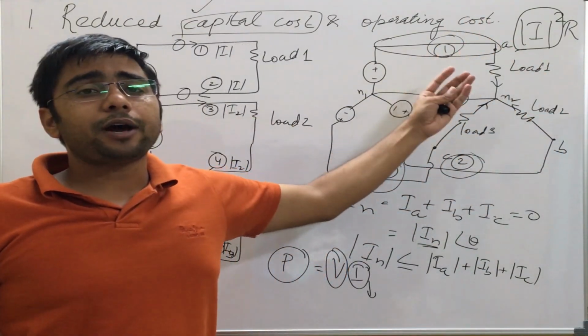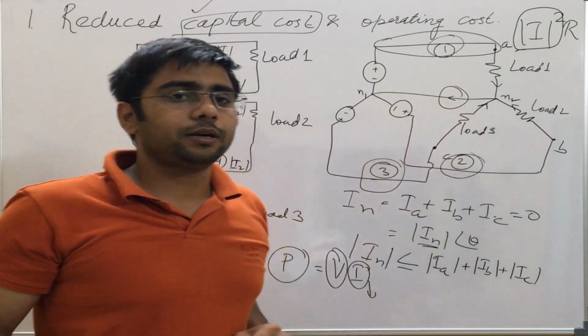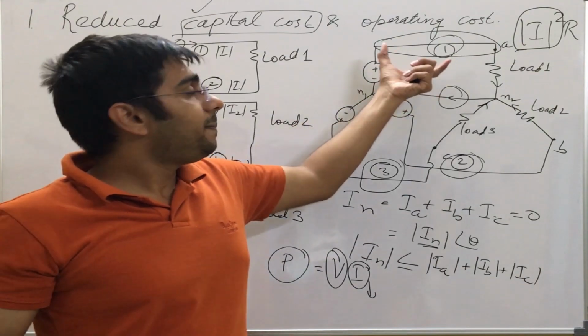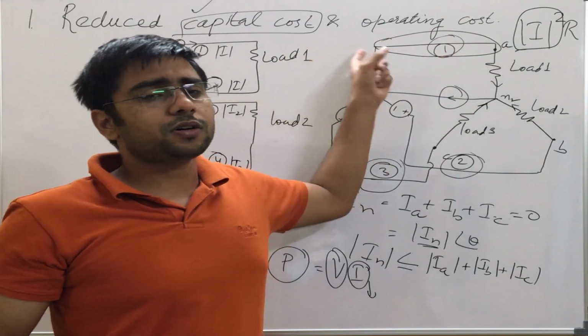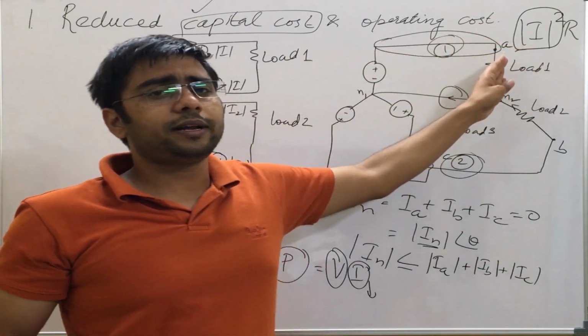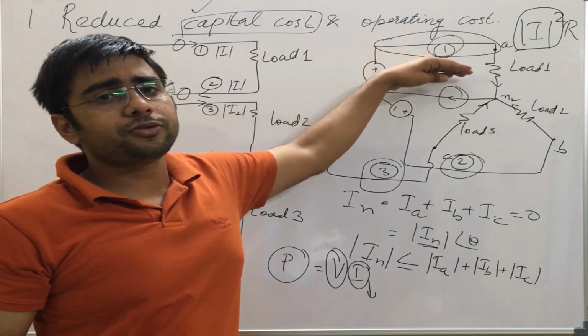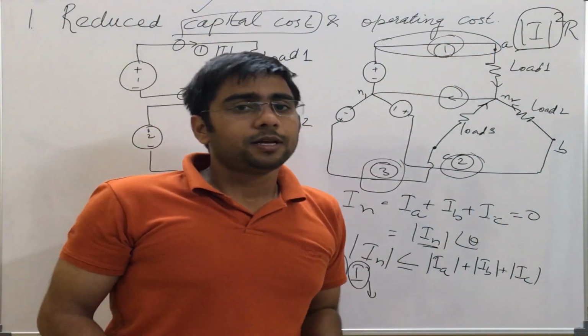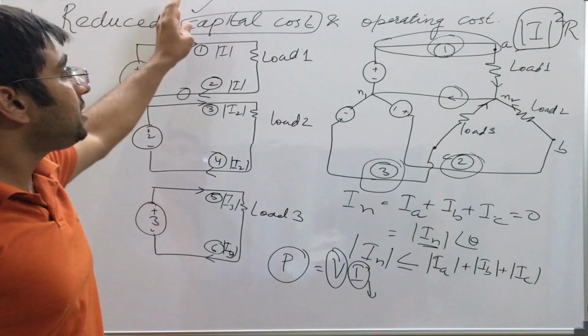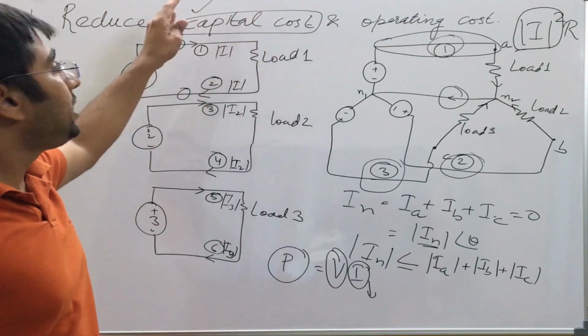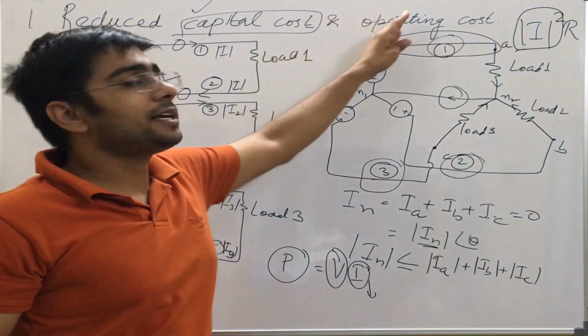Second one, I will have better voltage regulation. That is, there will be a very small change between the source voltage and the load voltage because of the lesser voltage drop along the line.